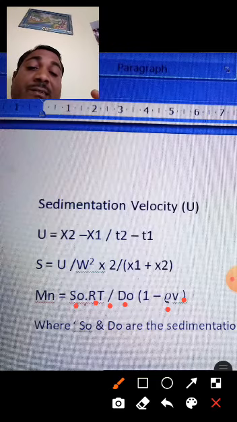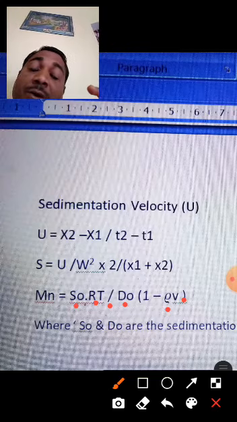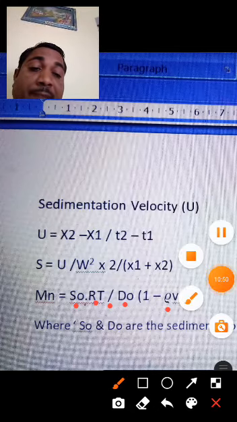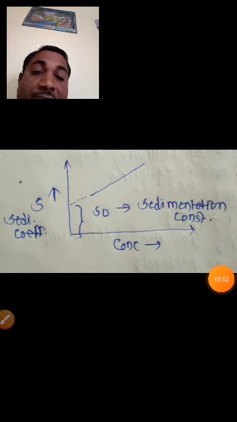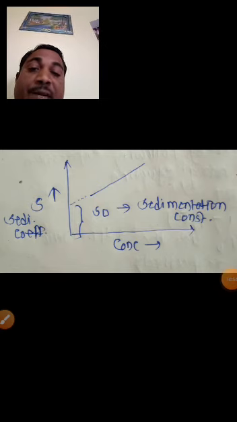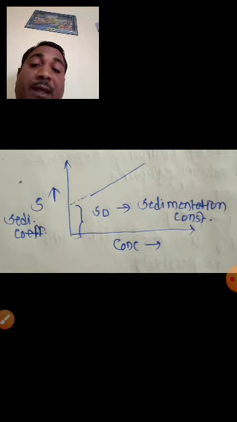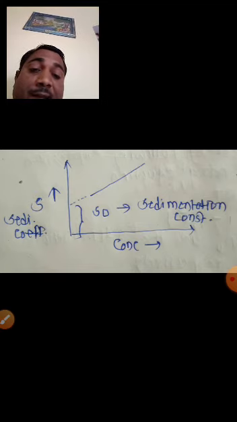This S naught is the sedimentation constant, which can be calculated if we plot a graph between the sedimentation coefficient and concentration. The graph obtained is a straight line.